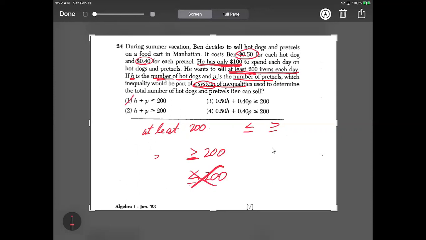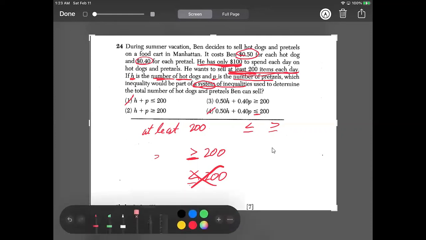So this first one doesn't work. This one right here doesn't work because it also has the inequality pointing the wrong way. So just by understanding what at least means in terms of inequalities, we've got it down to two choices. And now if we can't do anything else, we make an educated guess. But let's see if we can figure out the rest of this.